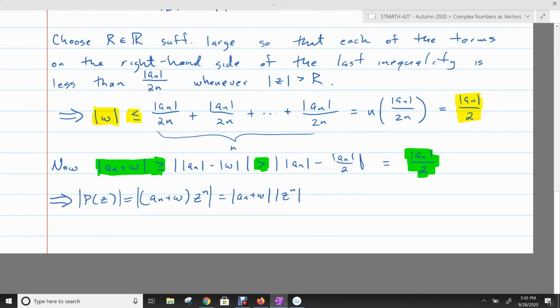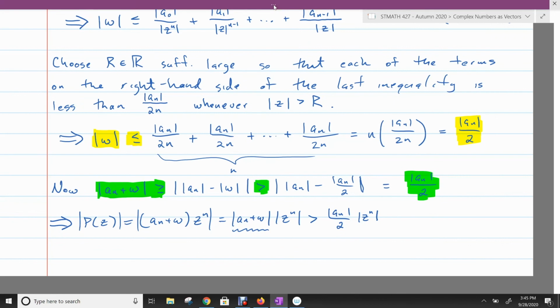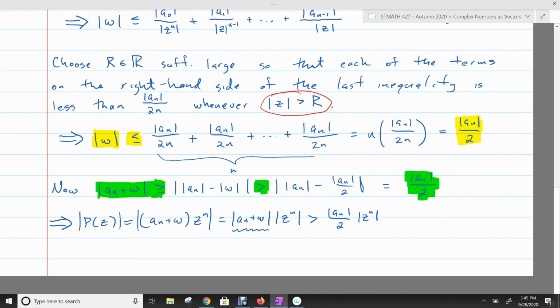And we know that that first term right there is greater than modulus a_n over 2. And what do we know about the modulus of z to the n on account of the fact that all of this stuff above was only true whenever modulus z was bigger than r? Well, we know modulus z to the n would have to be greater than r to the n. So this comes out to being greater than modulus a_n over 2 times r to the n.